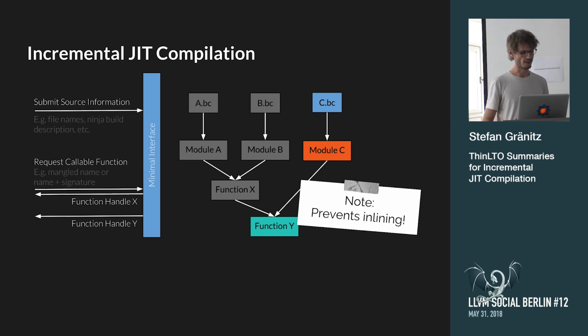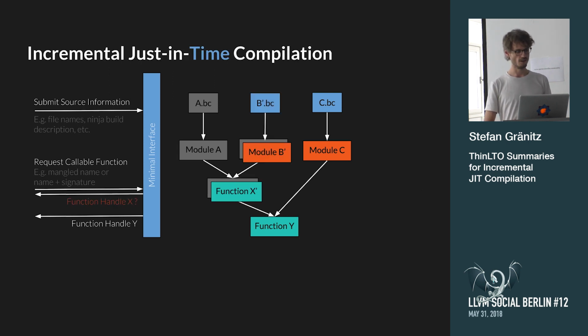When we now compile that and everything is good, that's fine, but what also could happen is that our module B changed in the meantime. So what would we need to do? We would probably reload B into our cache, compile another version of the module B, compile a new version of the function x, and link that function x to y, or resolve the dependency in function y.